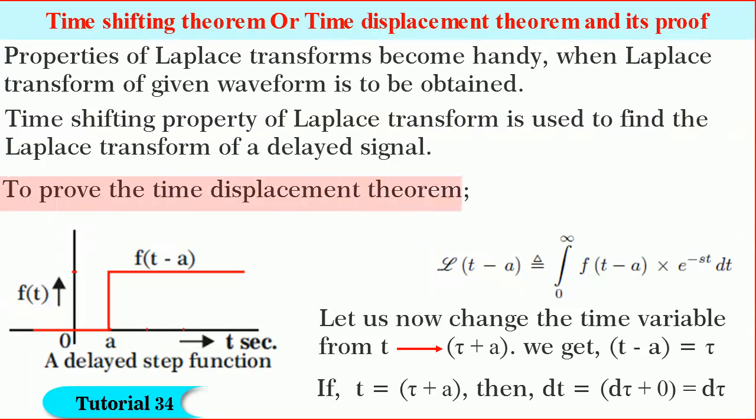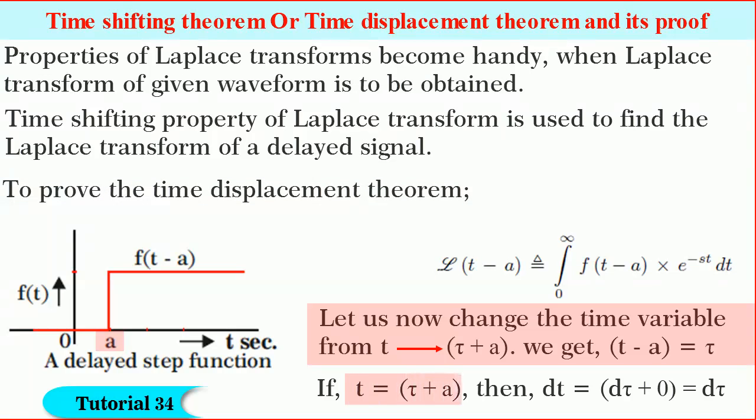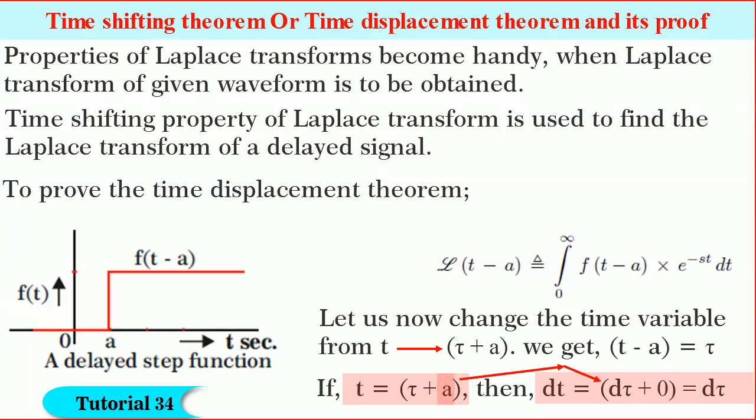Now, to prove the displacement theorem, let us change the time variable from t to tau plus a, where a is constant, that is a seconds. You know that. If t is equal to tau plus a, then number 1, t minus a is equal to tau. And if t is equal to tau plus a, if we differentiate it, dt is equal to d tau plus 0, because a is constant.